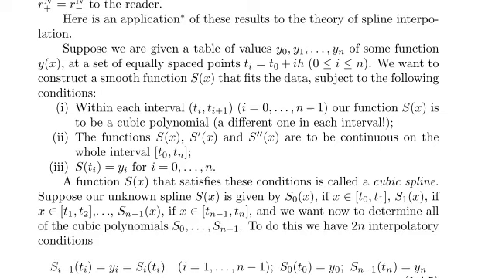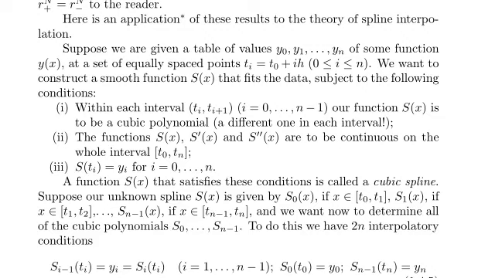The functions S(x), S prime of x and S double prime of x are to be continuous on the whole interval t0 to tn. That's both the first and the second derivative of S are going to be continuous, and S(ti) is equal to yi for i equals 0 to n. A function S that satisfies these three conditions is called a cubic spline.